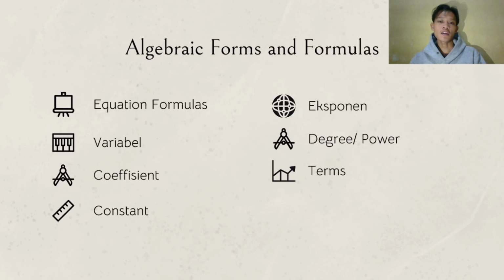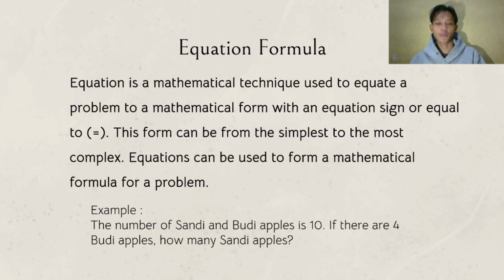Okay. Algebraic form and formula, which are equation, formula, variables, coefficients, constants, exponent, degree or power, and term. Next, equation formula.